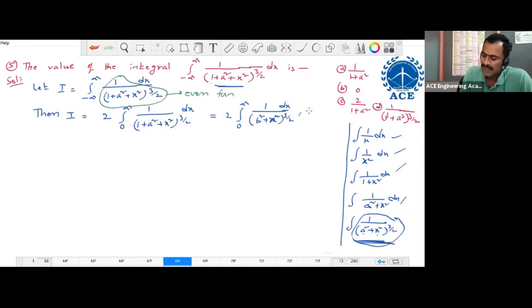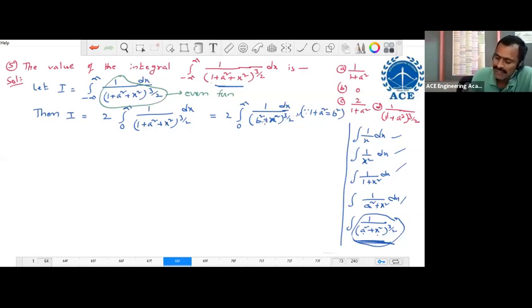Here we are assuming 1 plus a square as b square. 1 is constant, a square is constant, so 1 plus a square is constant. Instead of 1 plus a square, we take the one constant b square. Now this is convenient for the substitution method. That is why we are writing it like this.